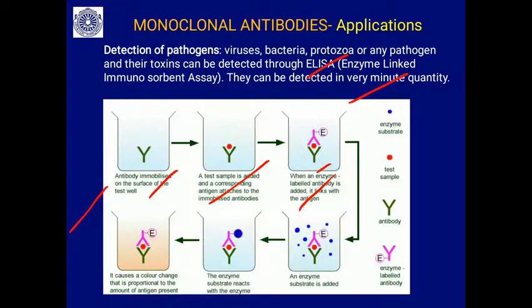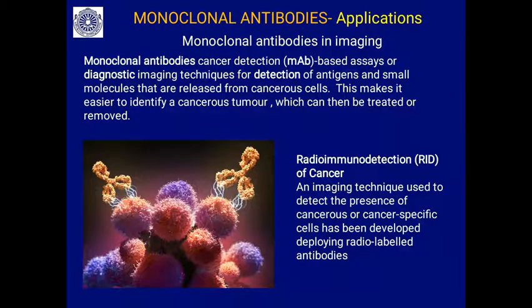It is then linked with another antibody which can develop a color complex, thereby we are able to detect whether a particular antigen is present or not, and we can detect the presence of the infection.